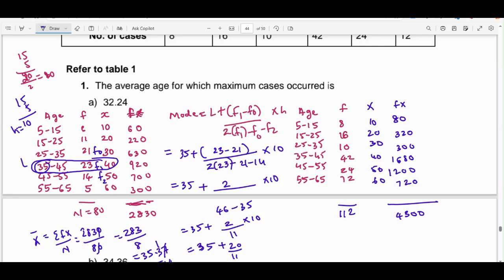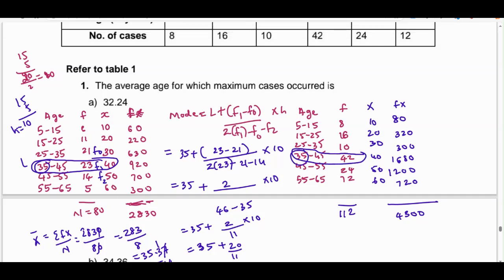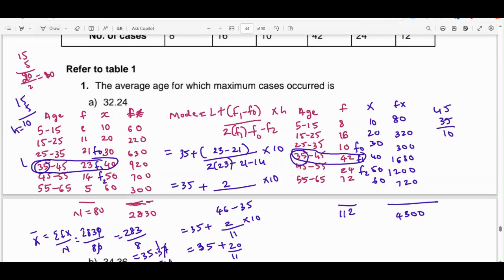So now they're asking you to find the mode. What is that mode? You have to take the highest frequency, that is 42. So L will be 35, F1 will be 42, F0 will be 10, F2 will be 24, and H will be 45 minus 35, it is 10. H will be 10. So now using this data, we will find the answer.